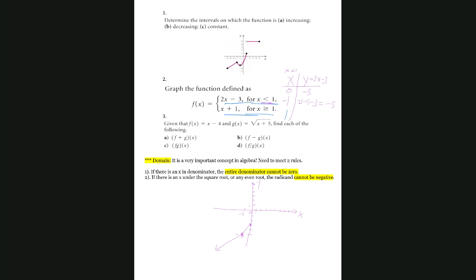When x equals 1, this is 2 times 1 minus 3, which is -1. But I don't have an equal sign, so I will have to exclude this point. So 1 and -1 is right here. Since this one doesn't have an equal sign, I'm going to use an open circle here. So I will extend this line to touch it when x equals 1.